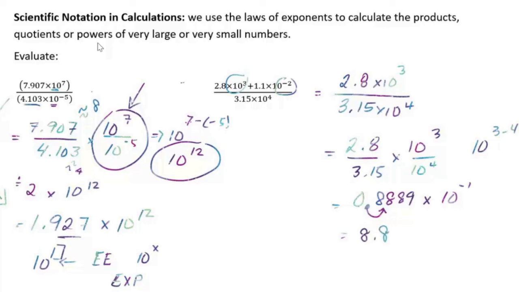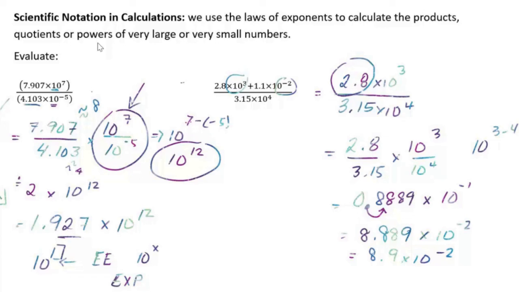That gives me 8.8, 8 repeating, and at some point 9 times 10 to the power of, well, I've made the number larger by moving the decimal point to the right, but we know that this is a small number. So now I have 10 to the negative 2 to get it back to the original. So the final answer to the smallest number of significant figures in the question, which is 2, is 8.9 times 10 to the negative 2.